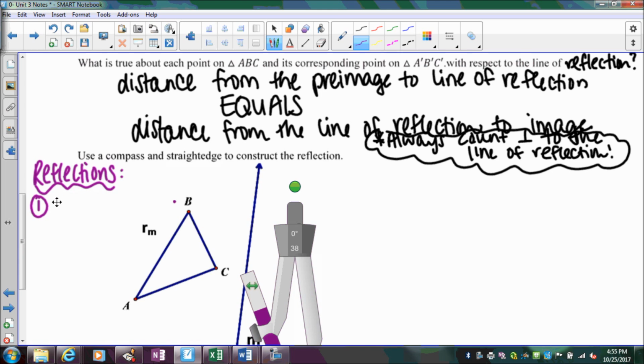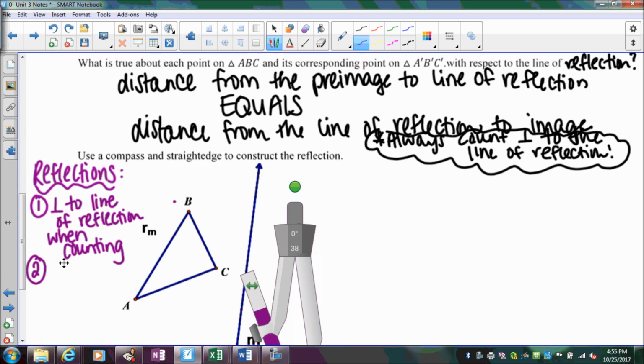So there's two things you have to do. You have to be perpendicular to the line of reflection when counting. Those are the properties that we just saw up top.